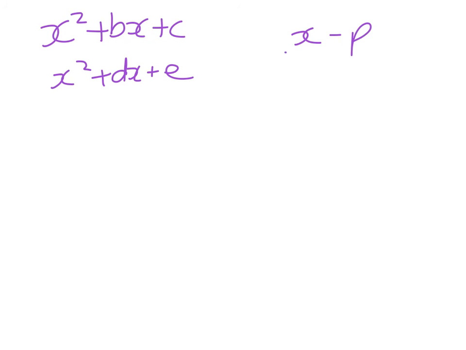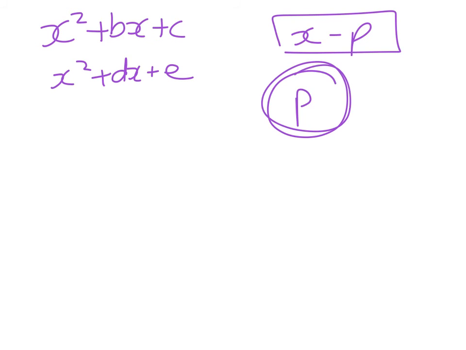Okay, we're told, I'll just write the question out again. We've got x squared plus bx plus c, and we've got x squared plus dx plus e, and they both have a common factor of x minus p. So what we know from the factor theorem is that if x minus p is a factor, then if I evaluate with x equals p, I will get 0.